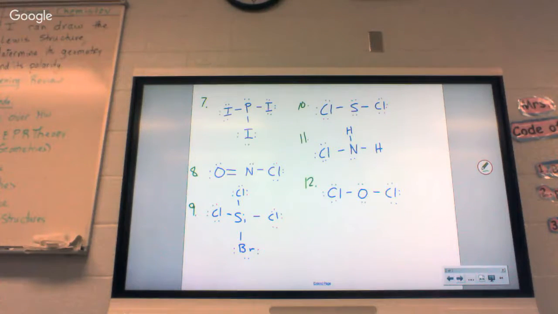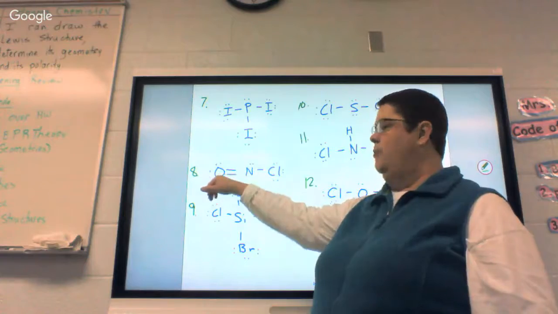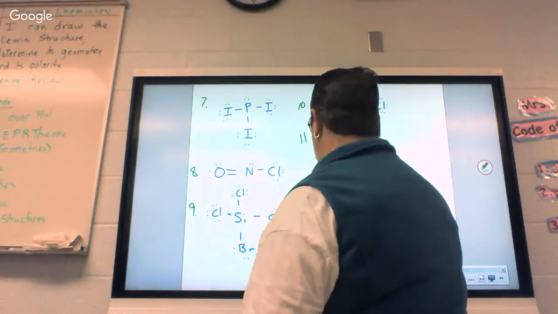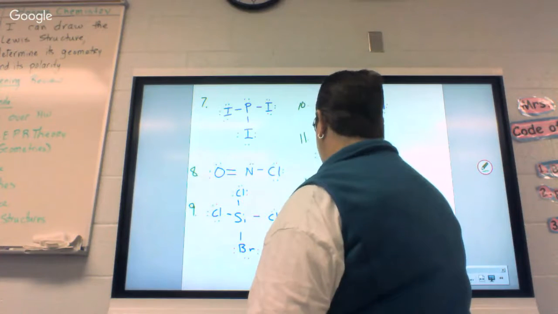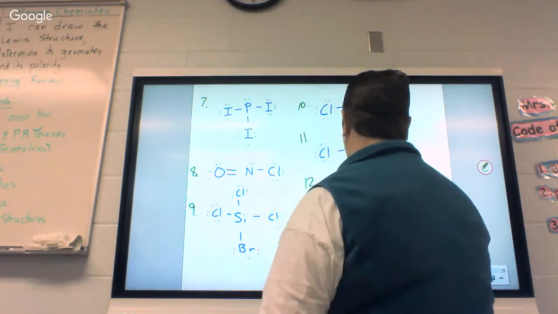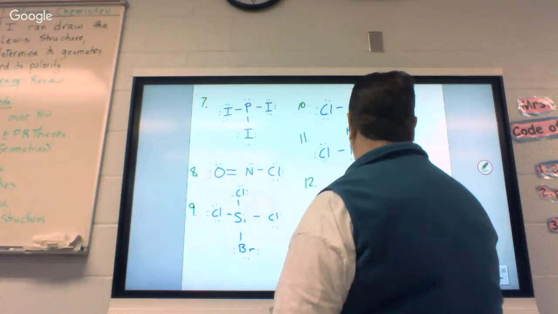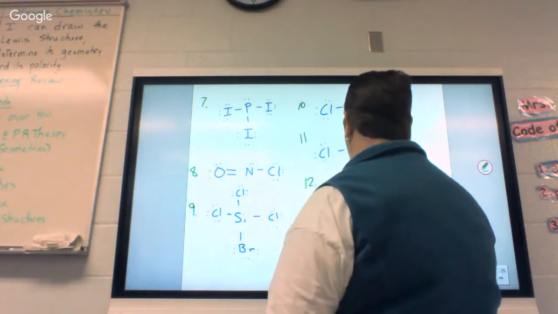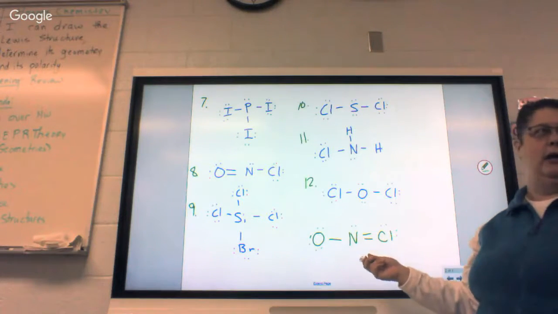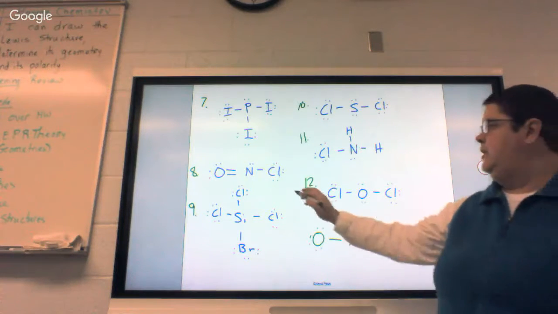Now, things like number 8, if you have the double bond on the other side, and you have a single bond here, I would not take off of that. If you flipped it and put the double bond of number 8 like this, I would not take off of that either.